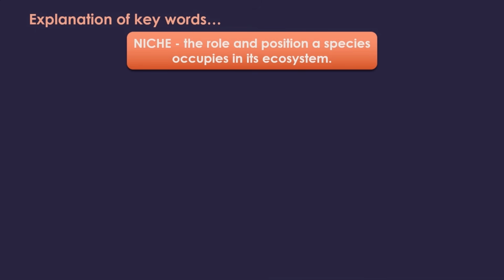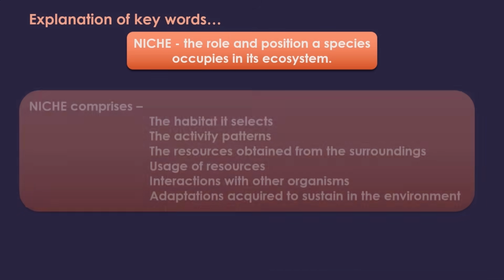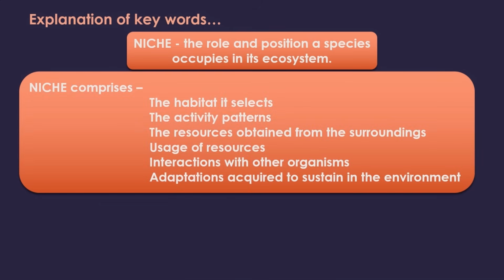And the keyword niche, as this one is the crucial word for this topic, we can give some examples to explain it. Niche means the role and position a species occupies in its ecosystem.